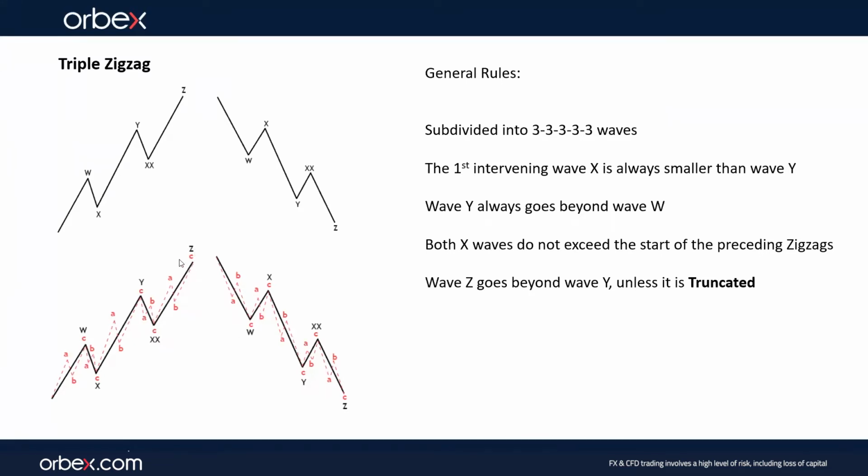And as I said on the previous bullet point, the general rules, wave Z can sometimes finish around here. However, it is not that common. So just a few things to look into there as well.